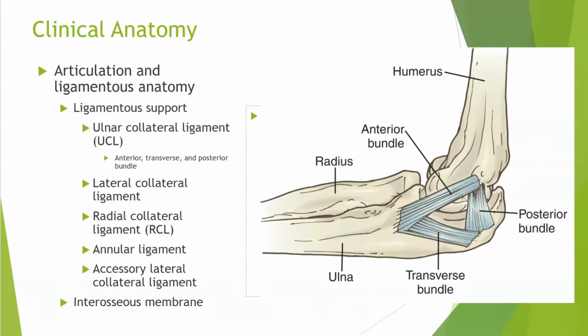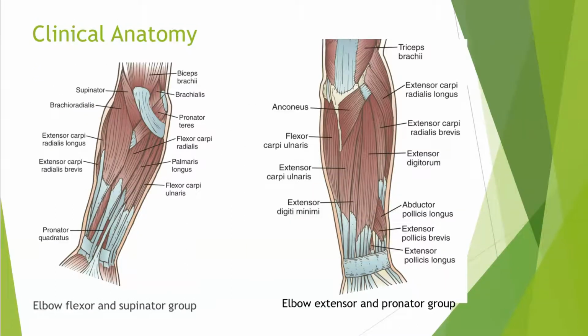Okay. Now getting to more of the muscles. On the left, we have an anterior aspect of the forearm, and on the right, it's the posterior aspect. Okay, so on the left, we have a lot of the muscles that are responsible for extension.